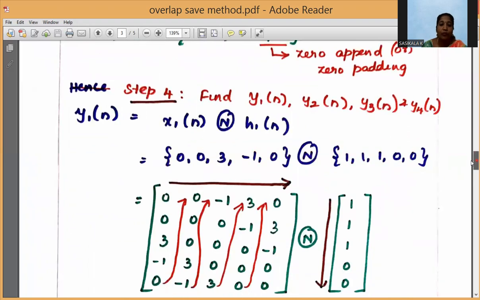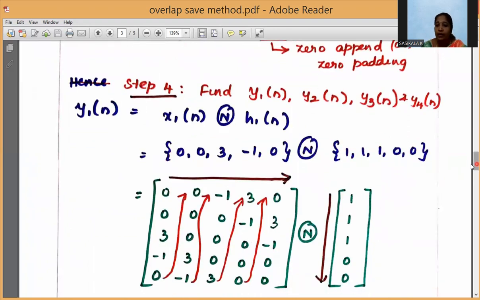Now step 4. So we have got the input sequences x1 of n, x2 of n, x3 of n and x4 of n. So that we have 4 output sequences, that is y1 of n, y2 of n, y3 of n and y4 of n. So how to calculate y1 of n? So y1 of n is equal to x1 of n circular convolution of h1 of n.